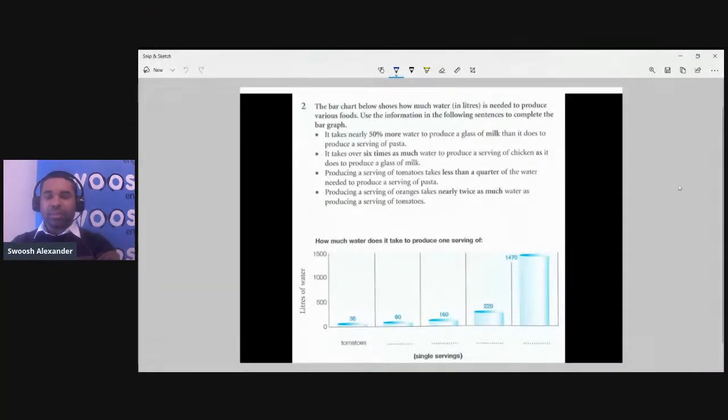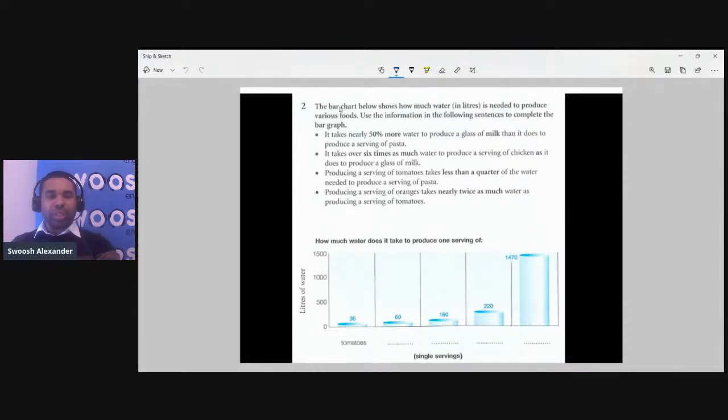So let's have a look at the task that I will be analysing today. And we will see that it focuses on a graph. In this case specifically, we're looking at a bar chart.